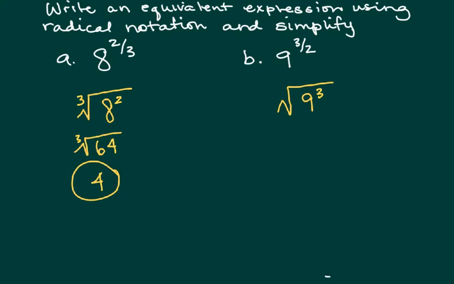Now 9 cubed is the same thing as 3 squared to the 3rd power. Right? Because 9 is 3 to the 2nd power. So now we have the square root of 3 to the 6th power. 2 times 3 is 6.